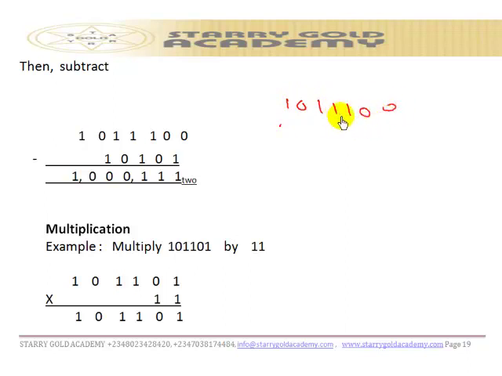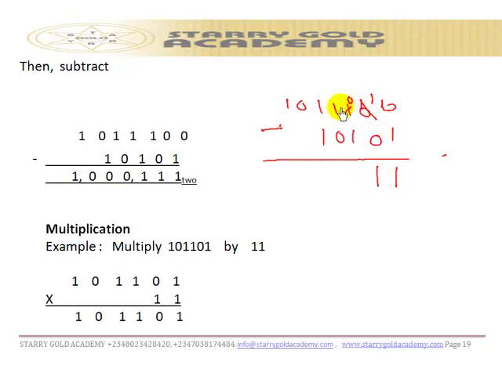This is all we had. Then let's subtract this. We have 10101. 0 can't subtract 1, so you borrow 1 from this guy, it becomes 0, so it becomes 10. Borrow 1 from him, it becomes 1, so it becomes 10. 10 minus 1 is 1. 1 minus 0 is 1.